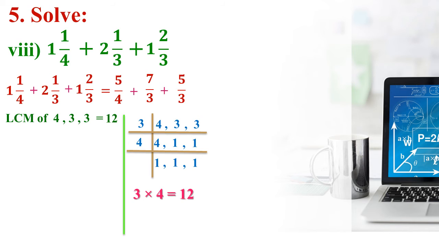Let us find the equivalent fractions. So, now multiply the numerator and denominator of the fraction 5/4 by 3. So, we get 15/12. Next, multiply the numerator and denominator of the fraction 7/3 by 4.